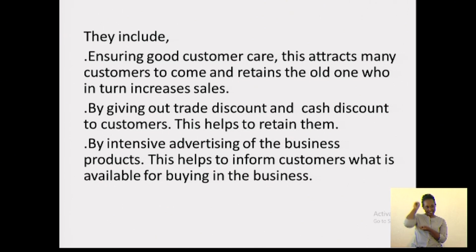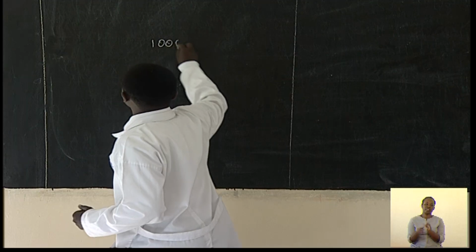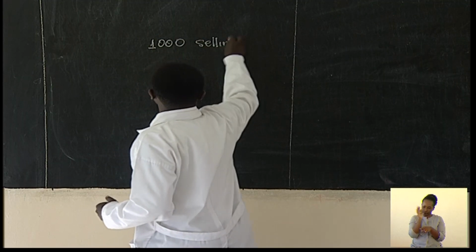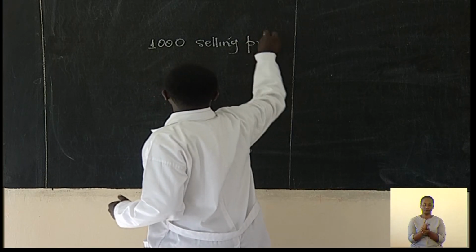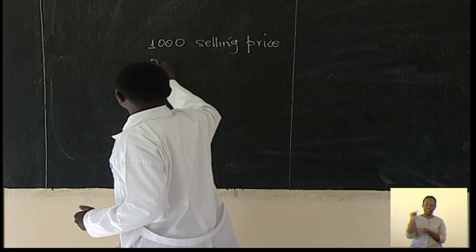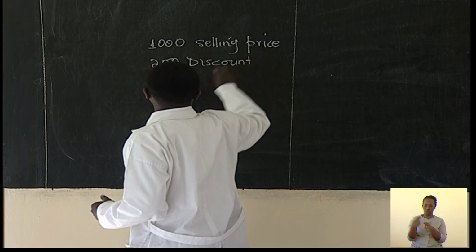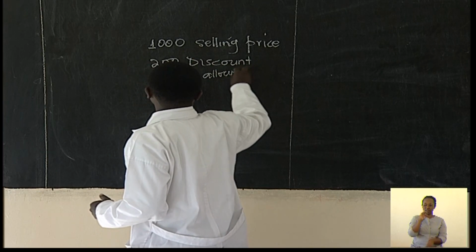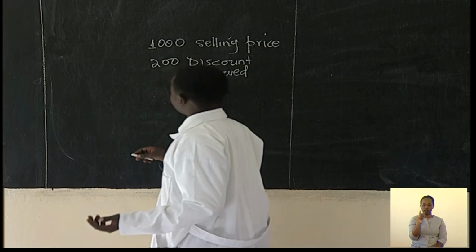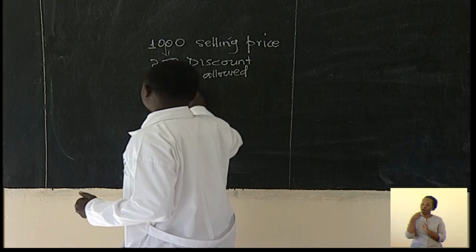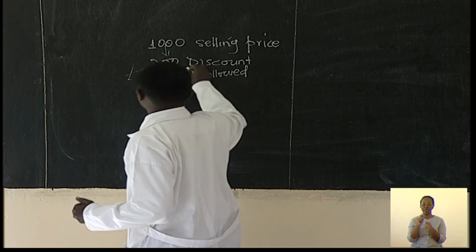For example, if the price of the commodity is 1,000, this is its selling price, and you reduce for someone maybe 200. This is a discount allowed. If you reduce 200 for him, it means he will pay you 800. So the 200 is a discount.